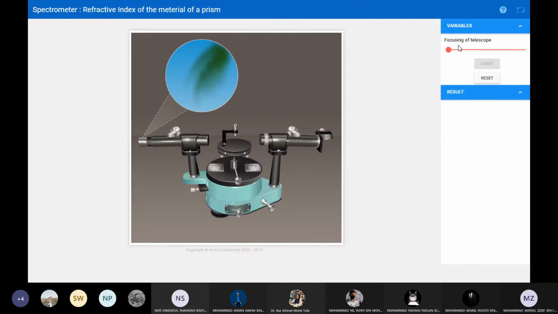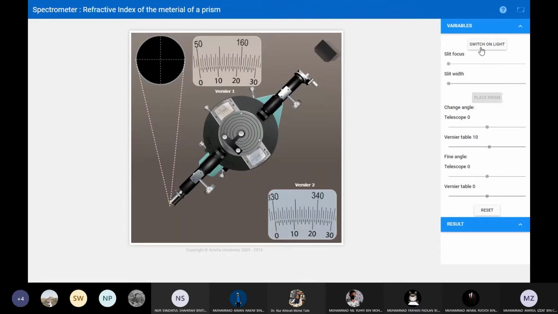Untuk prosedur dia, first kita buat fokus dulu kepada teleskop to find the clearer image, and then press start and switch on the light.